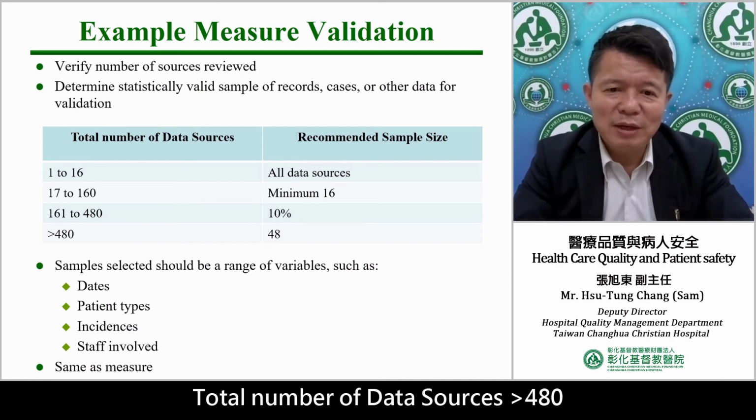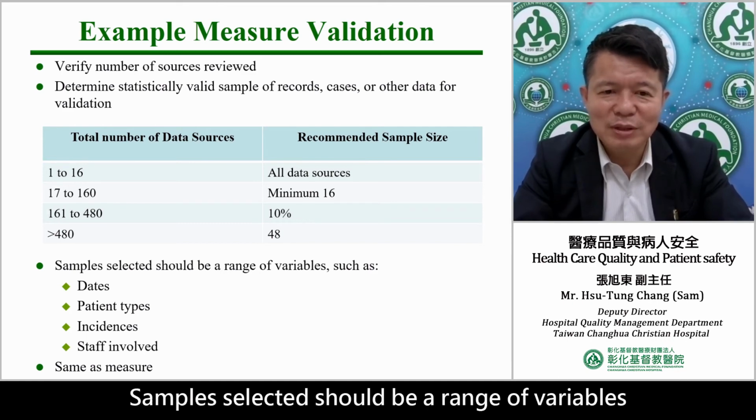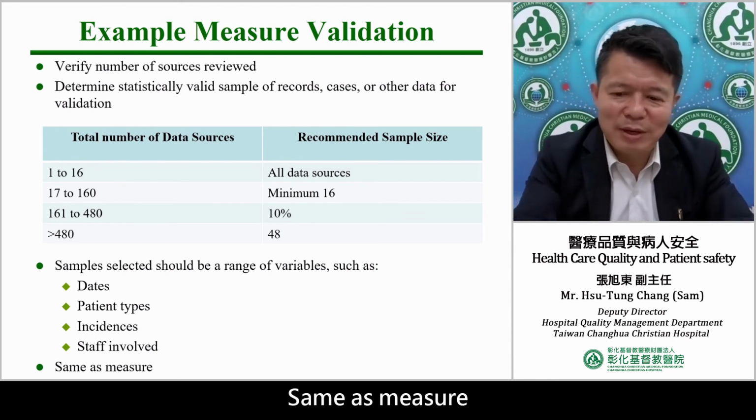Total number of data sources greater than 480: recommended sample size 48. Samples selected should be a range of variables such as deaths, patient type, incidences, staff involved, same as before.